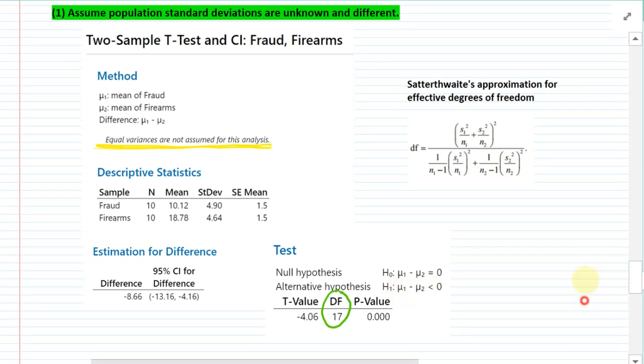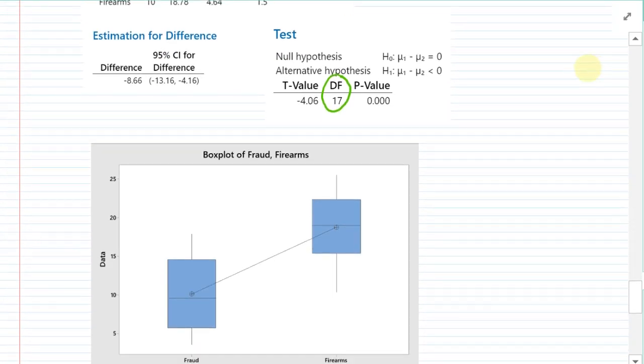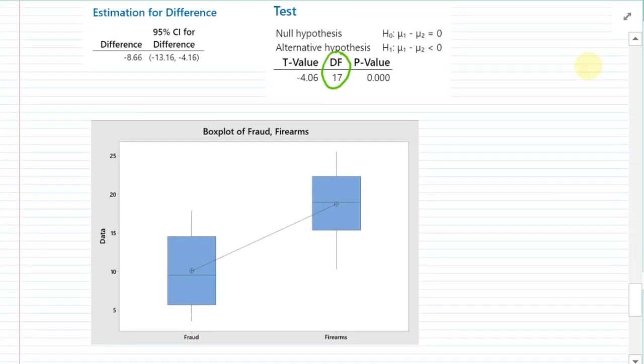And then right down here, I actually look at the box plot of fraud versus firearms. Remember, the assumption was the two populations are normal, and the box plots kind of support that. You have this box plot of a normal distribution, almost looks like that.